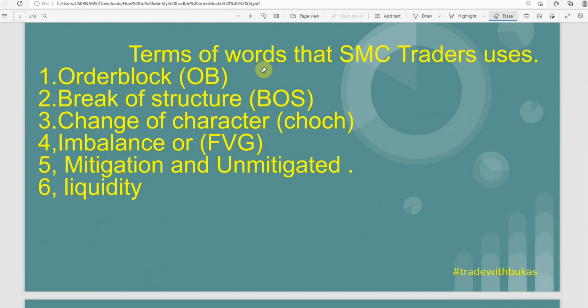We have what we call bearish order blocks and bullish order blocks. In a bullish order block we look for buys, while in a bearish order block we are looking for sells.